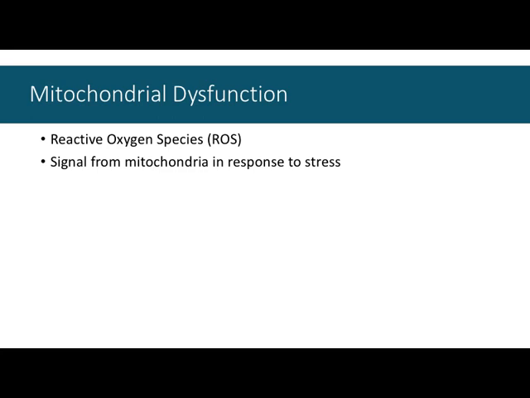Any molecule or substance or protein that has forced upon it too many electrons becomes unstable or becomes reactive. Oxygen is one of those. If oxygen has too many electrons, it becomes a reactive oxygen species or a free radical.